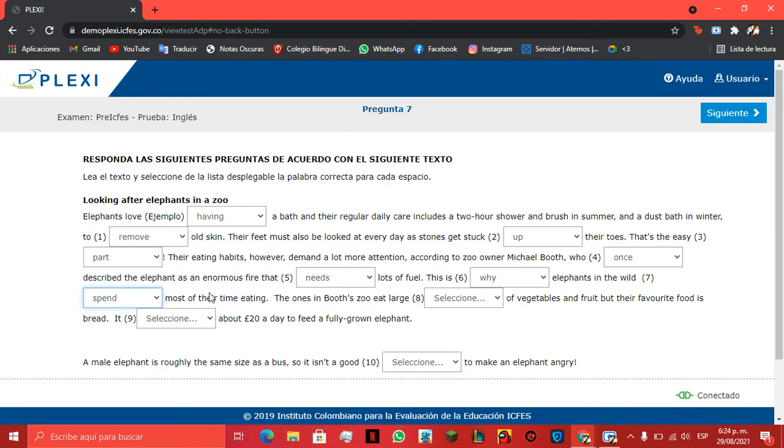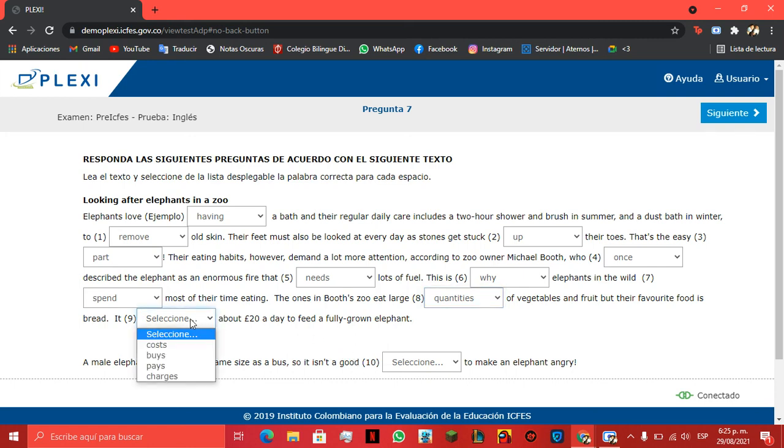The ones in boots to eat large totals, weights, number, and quantities. I think it's quantities, because quantities is like a synonym of amounts. And here we are talking about quantities of vegetables, because they need lots of fuel and spend more of their time eating, and fruit, but their favorite food is bread.